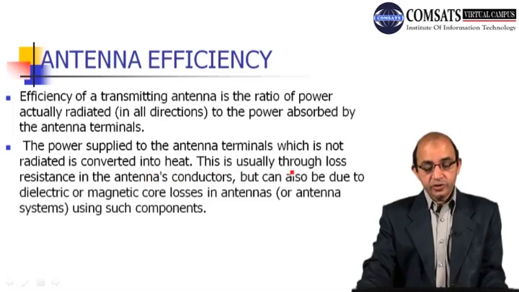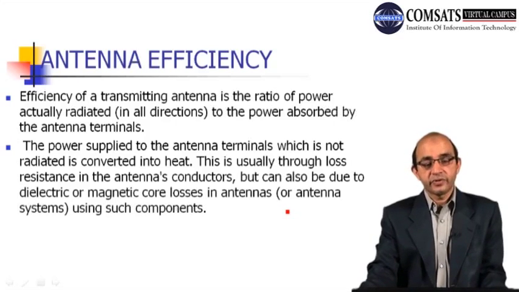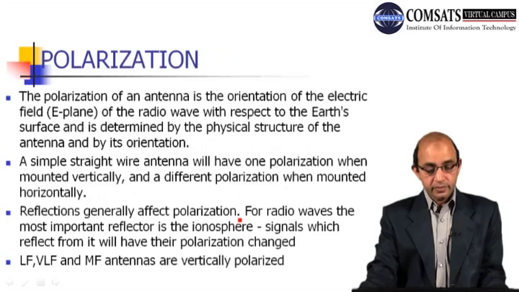This is usually through loss resistance in the antenna's conductor, because we have resistance, but can also be due to the dielectric or magnetic core losses in the antenna. So there can be some other reasons, for example dielectric and magnetic core losses.